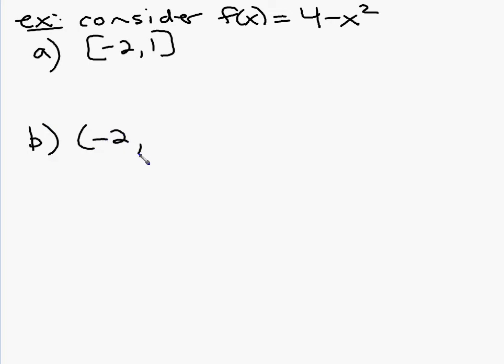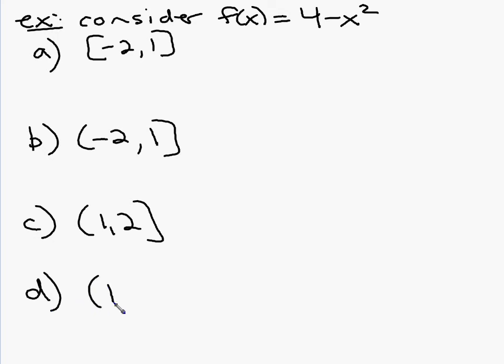Then we're going to go from -2 to 1, but we're not going to include -2. Then we're going to go from 1 to 2, and we're going to include 2, but we're not going to include 1. And then we're going to go from 1 to 2, and we're not going to include either of them.